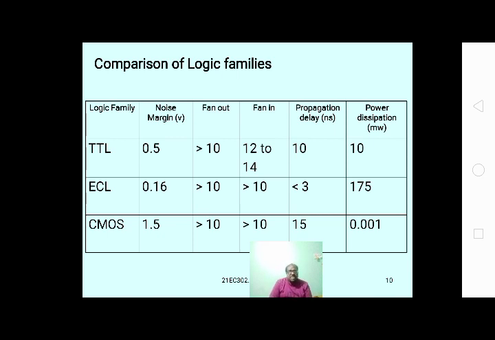Fan out is greater than 10. Fan in is 12 to 14. Propagation delay is 10 nanoseconds. Power dissipation is 10 milliwatts.